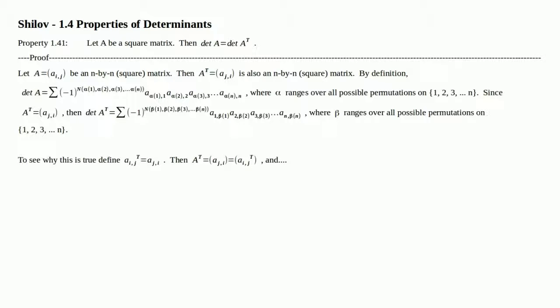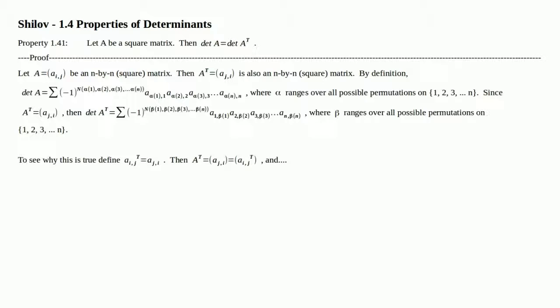To see why this is true, define A sub ij transpose to be equal to A sub ji. So we're just coming up with another slightly different shorthand here. Then A transpose is equal to the matrix whose entries are of the form A sub ji instead of ij, which is equal to the matrix whose entries are of the form A sub ij transpose. Okay?